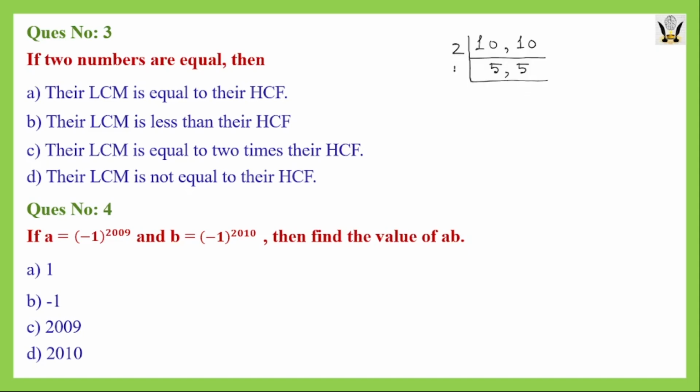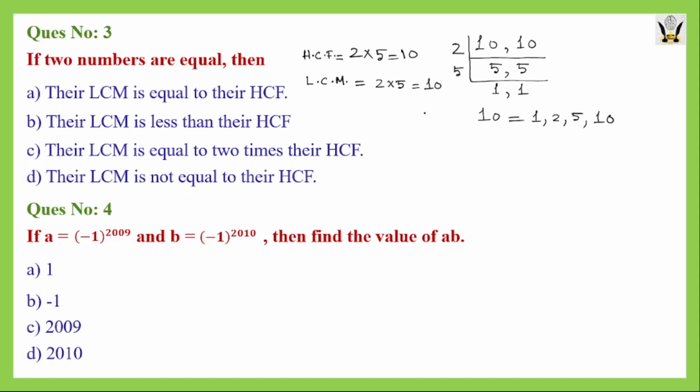Now if we further divide by 5, the remaining factors will be 1, 1. That means for 10, the factors are 1, 2, 5 and 10 itself. So between these two same numbers, the highest common factor will be 10. And if we take the LCM, that again will be 2 multiplied by 5, that means 10.